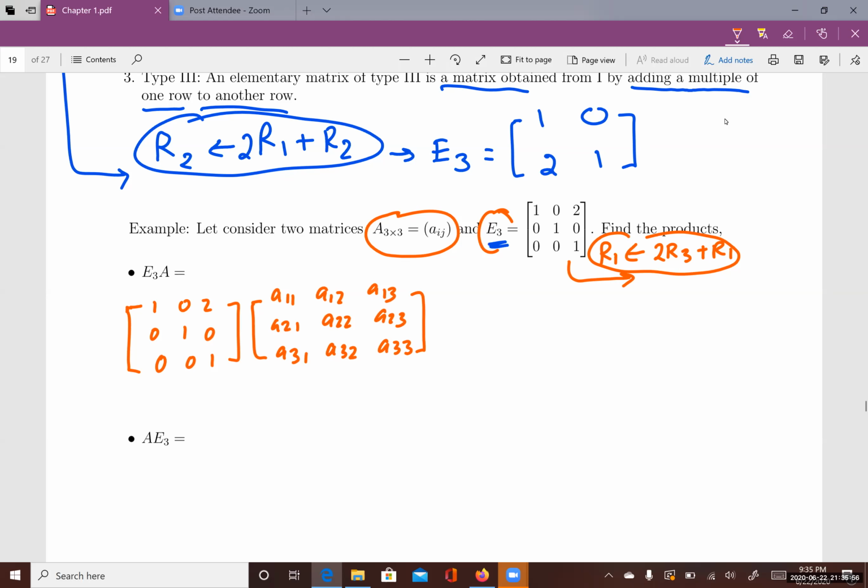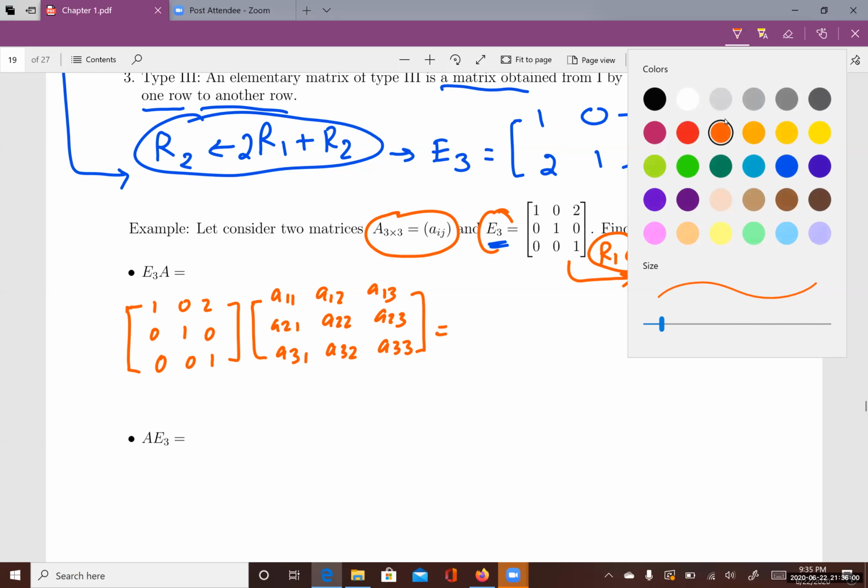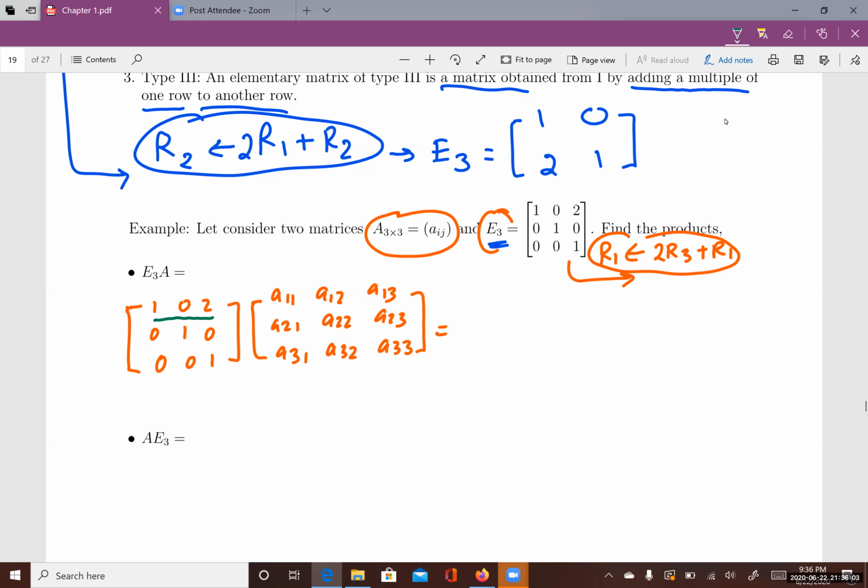As we know how to do matrix multiplication, we take a row and dot product with columns to get the first row, first column entry of the product. So it will be 1 times A11 plus 0 times A21 plus 2 times A31, so the result is A11 plus 2 A31. This is the first entry.